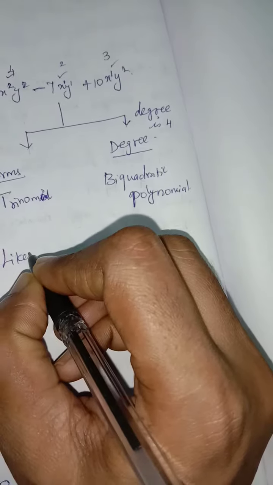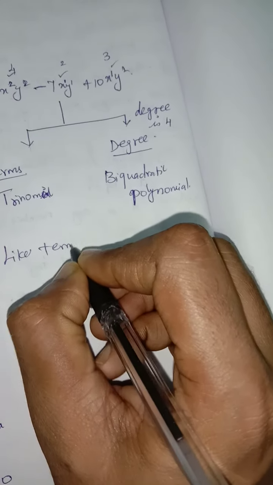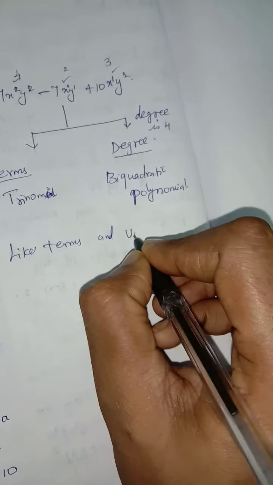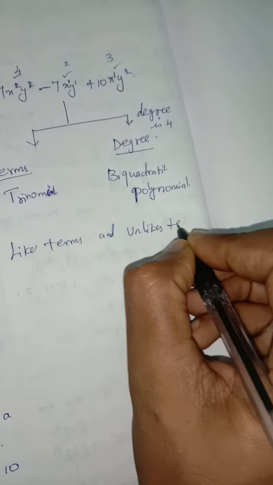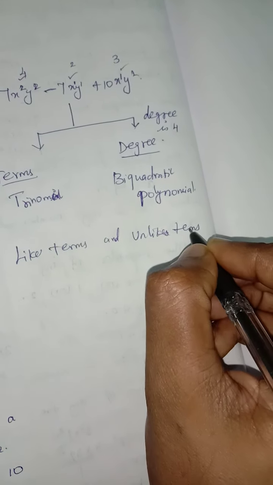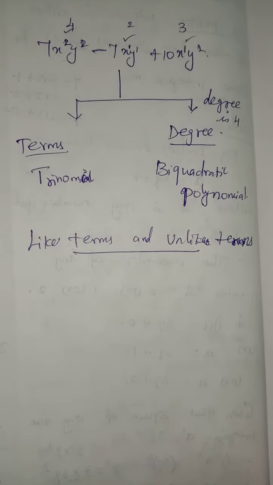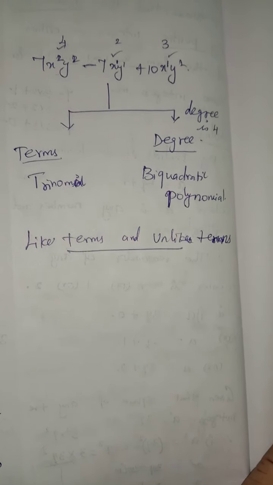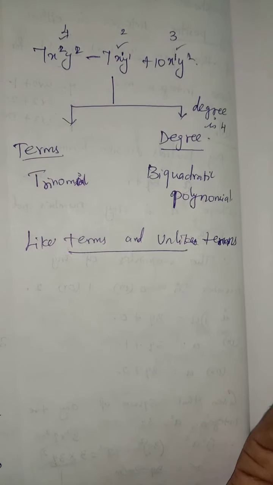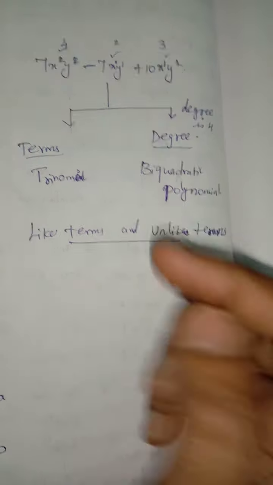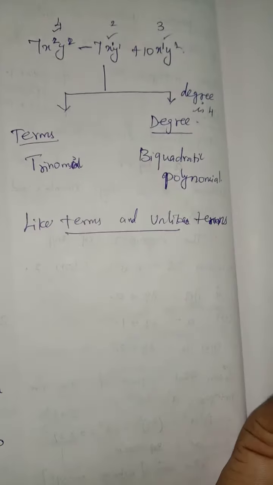Now we are going to see like terms and unlike terms. Like in the sense same, similar. Unlike means it is not the same, that's all.